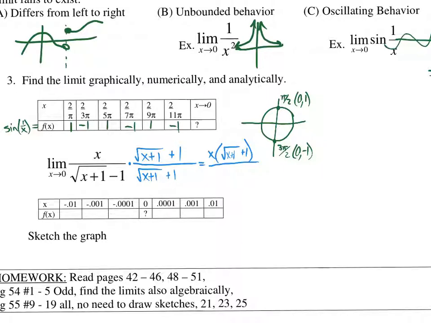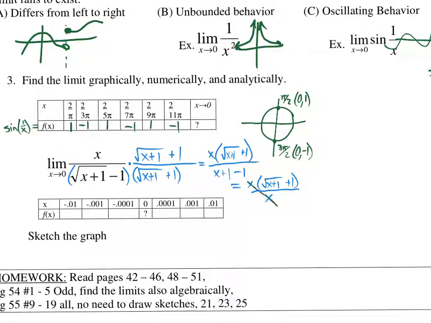The denominator comes out to x plus 1 minus 1, right? If we FOIL that denominator, and then something cancels out, right? Now we have x times the square root of x plus 1 over just x.